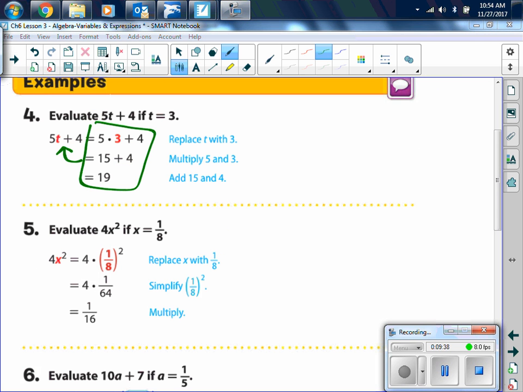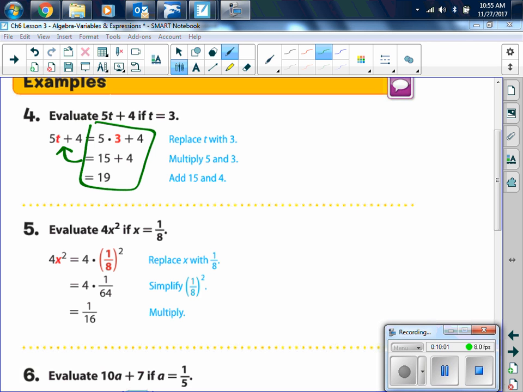All right, so for example 5, it says evaluate 4x squared if x is equal to 1/8. Now remember, 4x squared means 4 times the quantity x squared. So wherever there's an x, we're going to put 1/8.